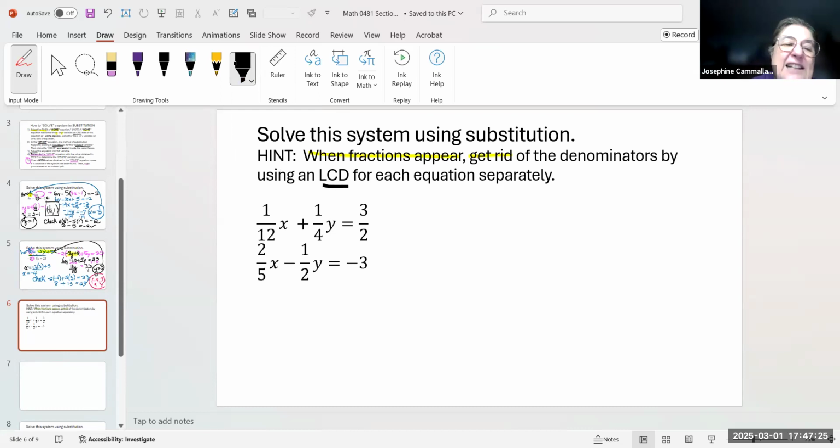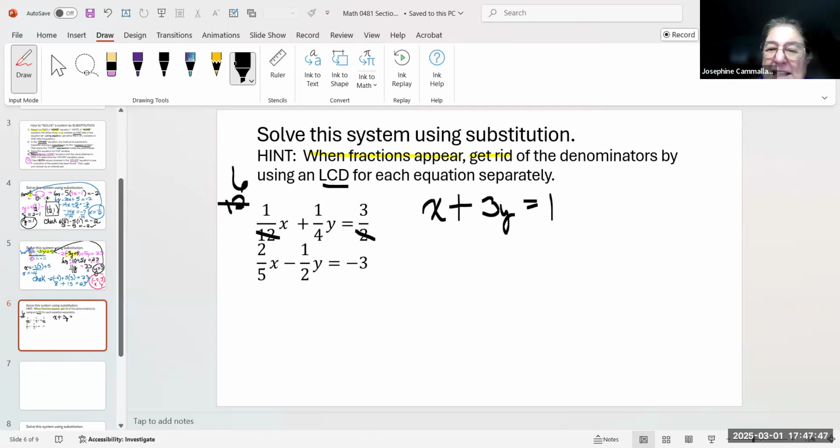That means the LCD for this first equation is 12, which is going to give me x plus, because these 12s are going to cancel out, plus 3y. Now be careful.